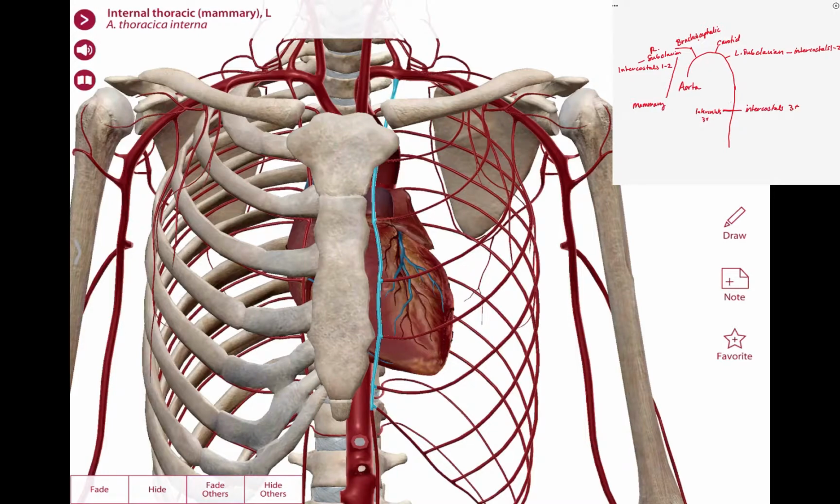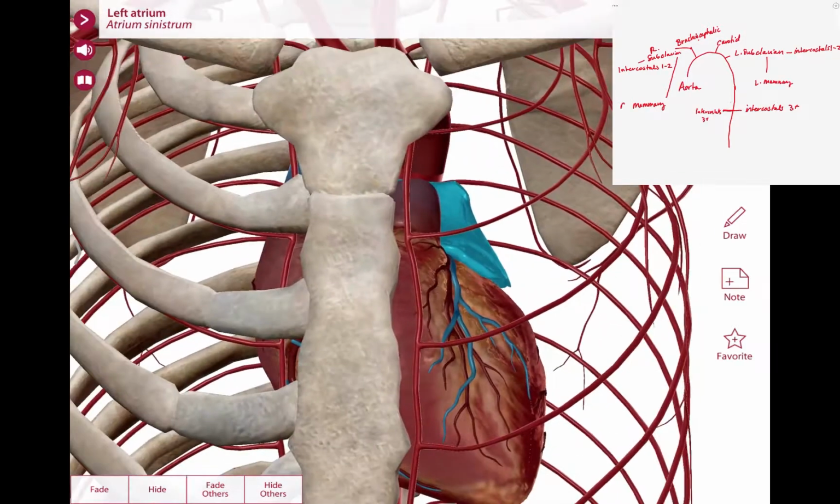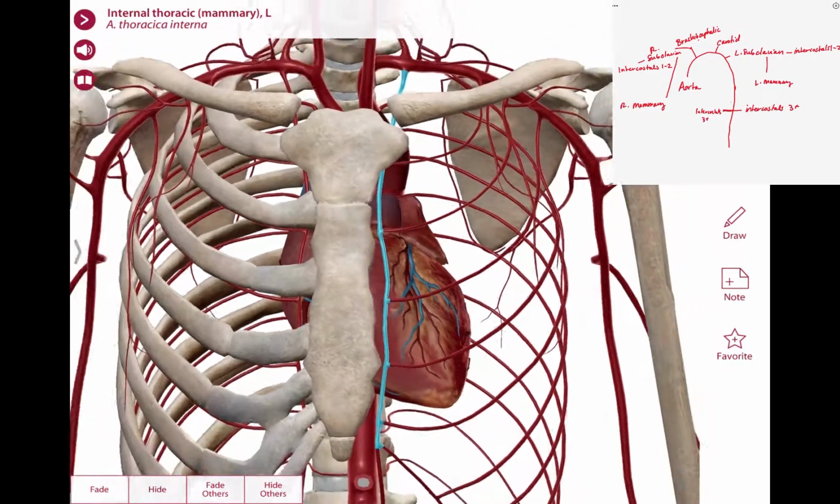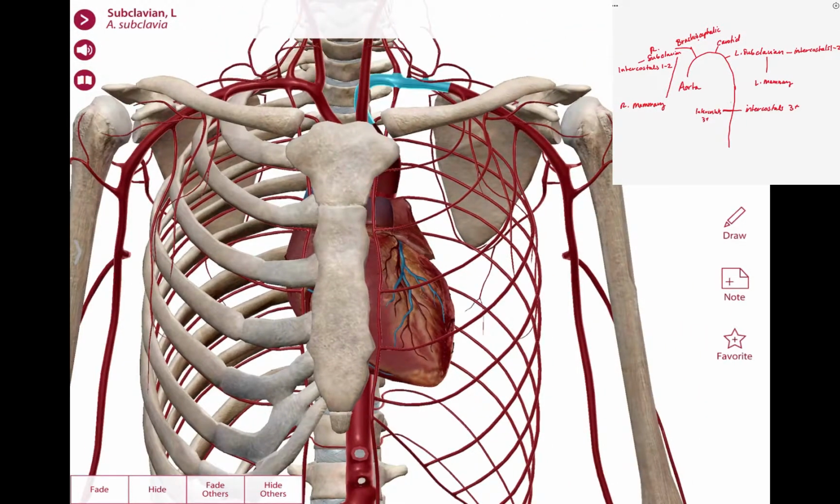This goes from the subclavian right here. Here's the mammary to those intercostals, which connect back to the subclavian. So you've got a little bit of a circuit going on there, or what we've talked about as an anastomosis.